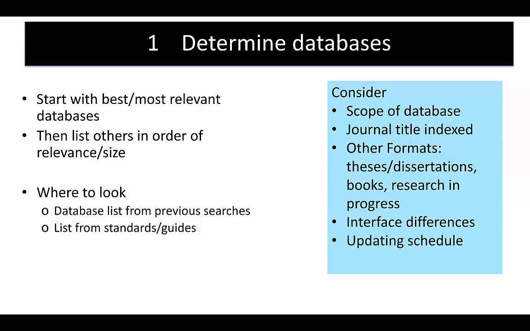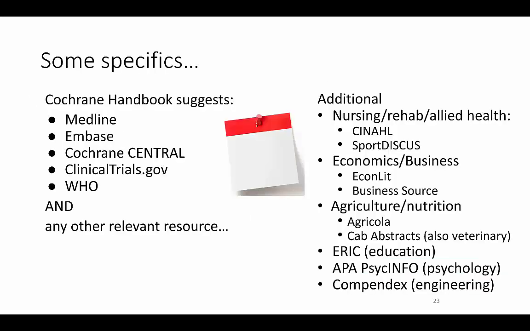Then think about the scope of that database: does it include gray literature, does it search conference papers, things like that? And the differences in the interface: do I want to search this in EBSCO or in Ovid, if you have options for them?